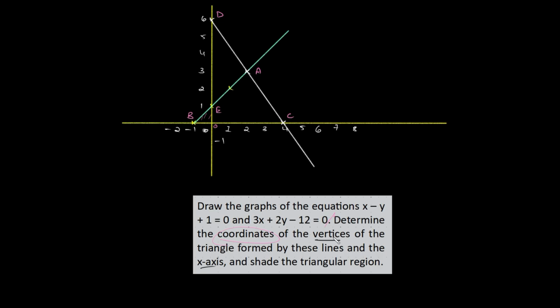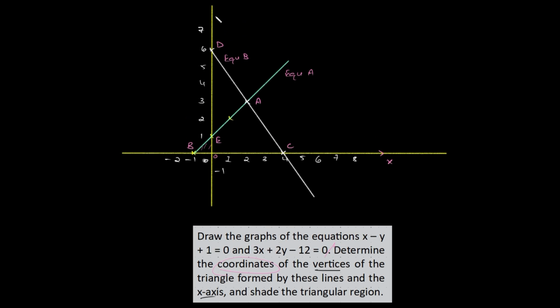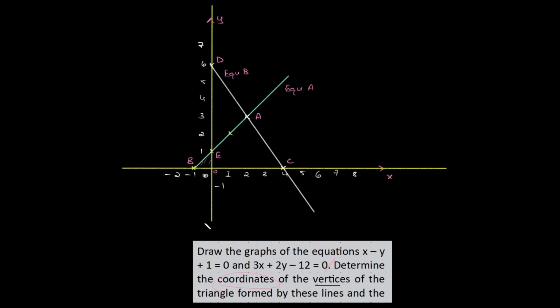Determine the coordinates of the vertex of the triangle formed by these lines. So these two lines. This is equation A or equation 1, and this is equation B. And the x-axis. This is your x-axis, right? Y dash, x dash.